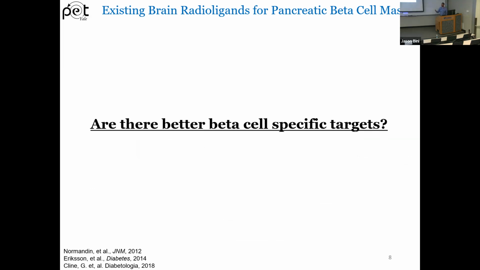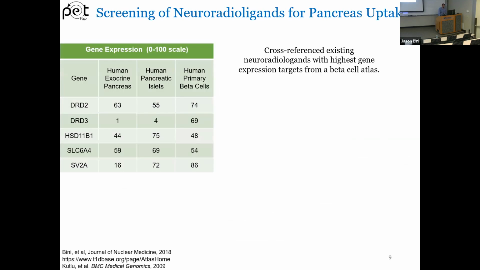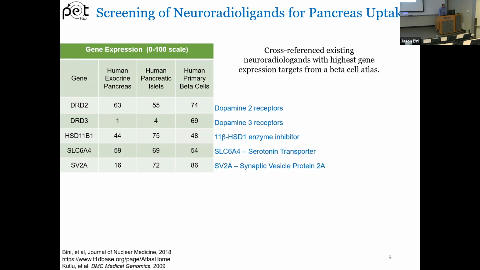But are there better specific markers that we know are only bound to the beta cell? So we went back to a gene expression database in the beta cells, and we pulled out the top 5 genes that we know we have already approved human ligands for. So we didn't want to start with rodent validation and move up. We can do these scans in humans already.